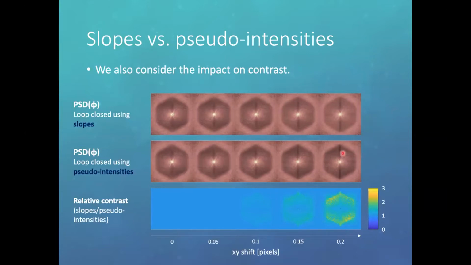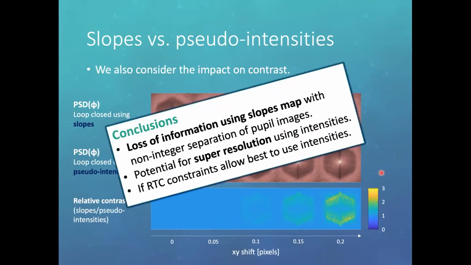So you can see you get an improved dark region using the pseudo intensities and improved contrast almost up to a factor of 3 for high spatial frequencies. This is showing us that we lose some information with the slopes map if we don't have a non-integer separation of the pupil images. There's potential for super resolution using the intensities if we have a non-integer separation.